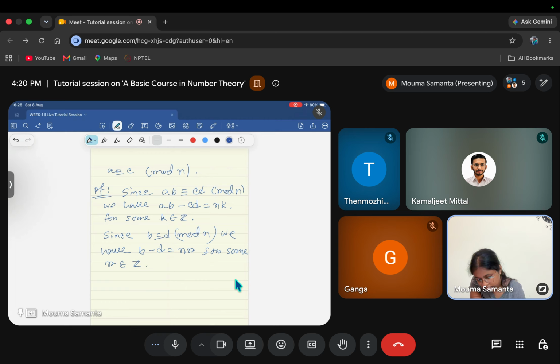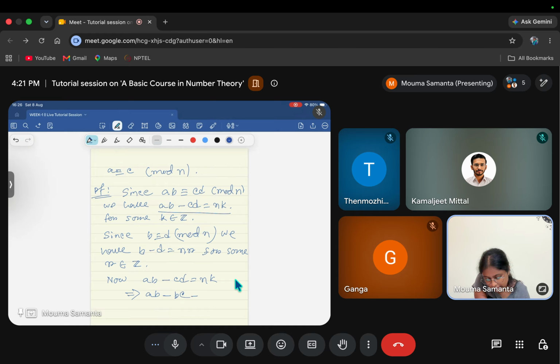Now take this relation. We can write it as ab minus bc, adding minus bc and then subtracting minus bc.